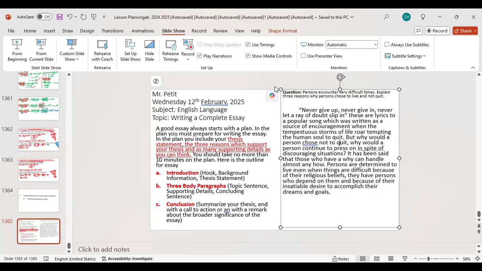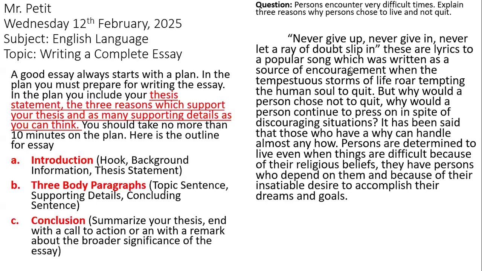Okay, so let's break this apart now. So what do I have so far, right? Remember I said that the introduction has to have 3 things. What must the introduction have? It must have the hook, which draws the reader's attention, the background information, and the thesis statement.